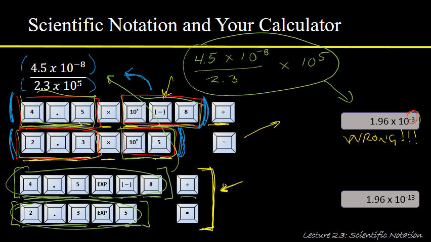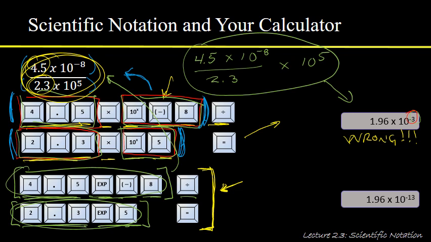All right. One other thing I should mention, when we're doing calculations like this, if we go back and look at the numbers that we typed in, the 4.5 has 2 significant figures, the 2.3 has 2 significant figures. So following our multiplication and division rules, the result can have no more significant figures than either of the 2 things that we multiplied together. All right?